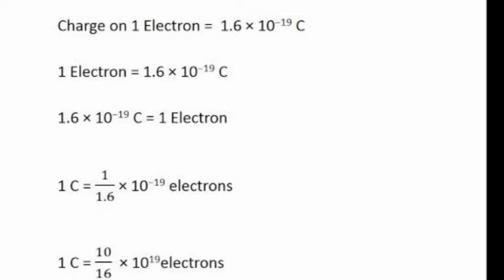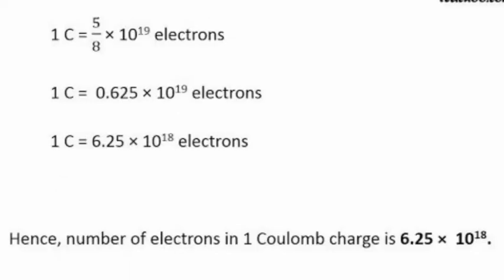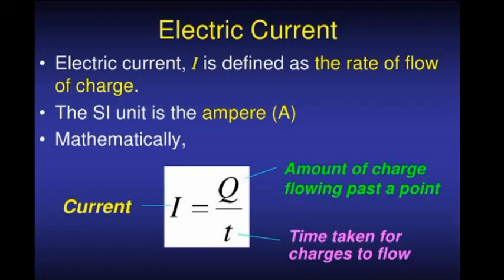So, 1 coulomb of charge means it is 1 divided by 1.6 into 10 raised to minus 19. That is 1 coulomb equal to 0.625 into 10 raised to 19 electrons, or 6.25 into 10 raised to 18 electrons. That means 6.25 into 10 raised to 18 electrons are assembled together to obtain 1 coulomb of charge.